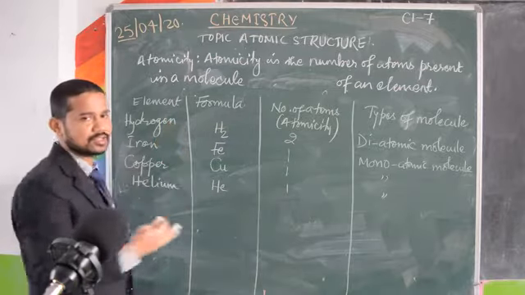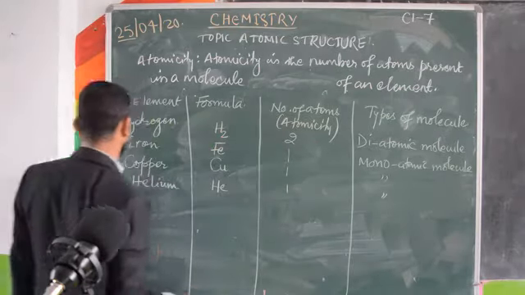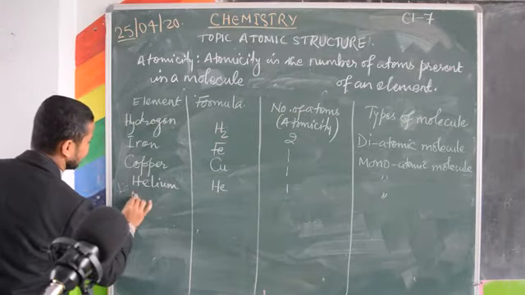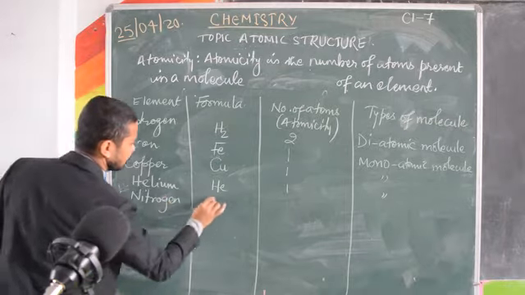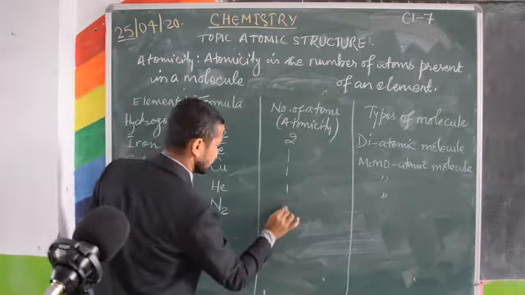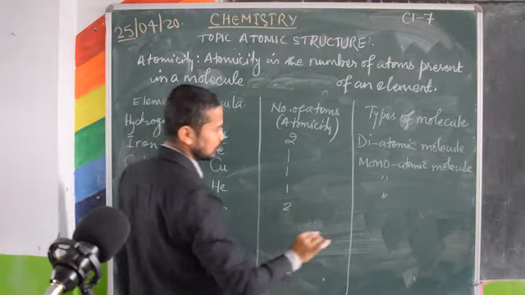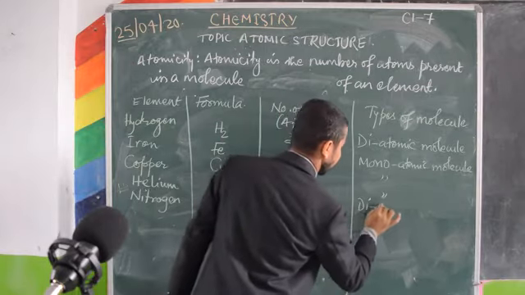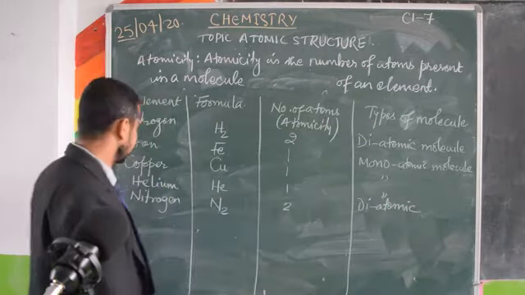Hydrogen is a gas, a non-metal. So hydrogen is diatomic. Then nitrogen, formula N2. Atomicity is also 2, so this is diatomic.